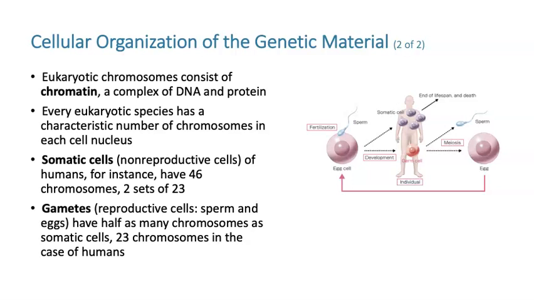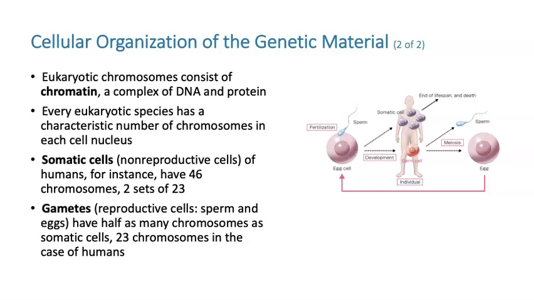Looking a little more closely at DNA and chromosomes, when we're talking about eukaryotic chromosomes, remember we have 46 of those, and we are eukaryotic cells because we have the nucleus.